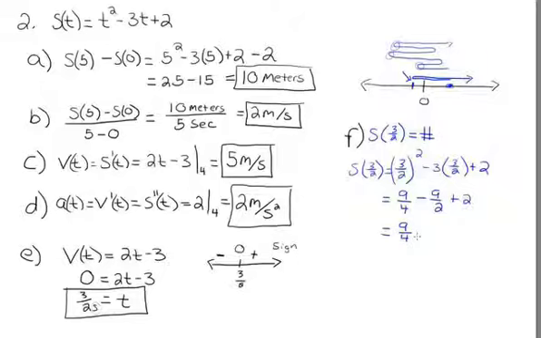So 9/4 minus 18/4 plus 2, which is 8/4. So that gives me 9/4, and negative 18 plus 8 over 4 is going to be negative 10/4. Combined, it looks like I'm ending in a place of negative 1/4 meters.